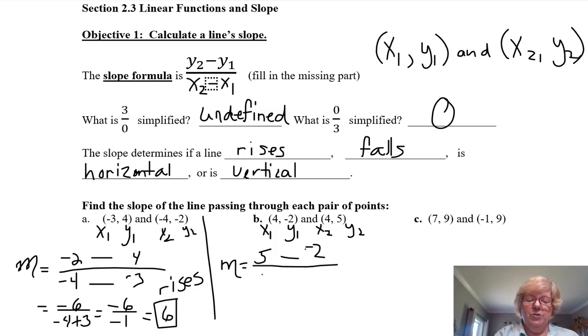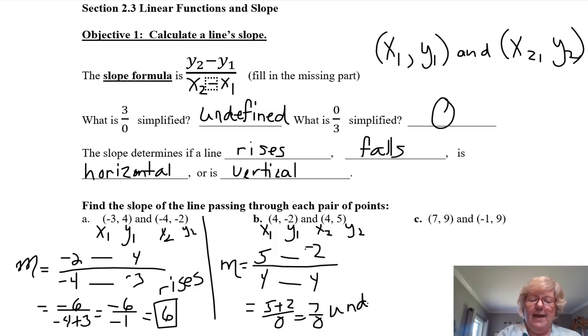Take my x2, 4, I subtract my x1, which is also 4. The double negative becomes a positive, so that's really 5 plus 2 over 0, which is 7 over 0. But recall, up here, anytime you have a 0 denominator, it's undefined. So we say that that slope is undefined.